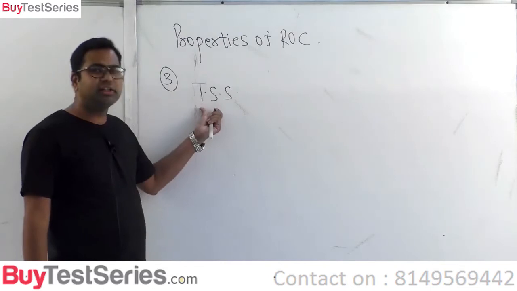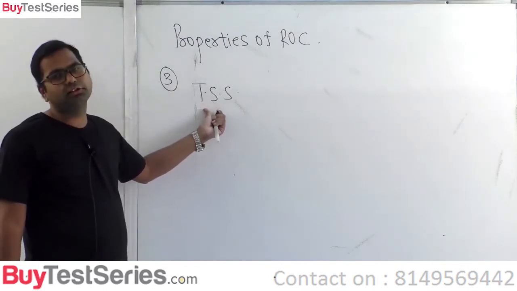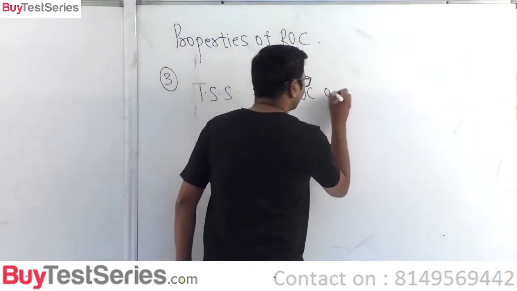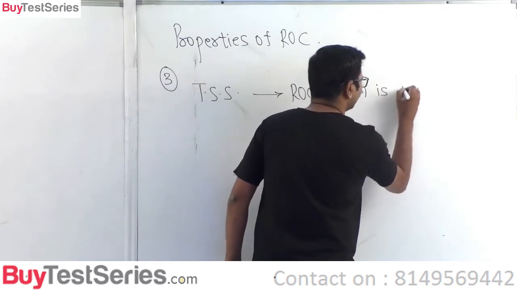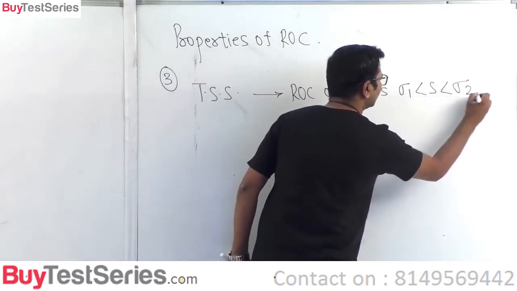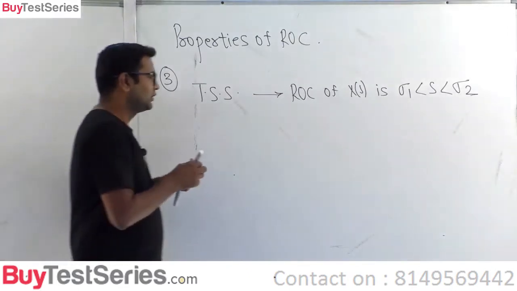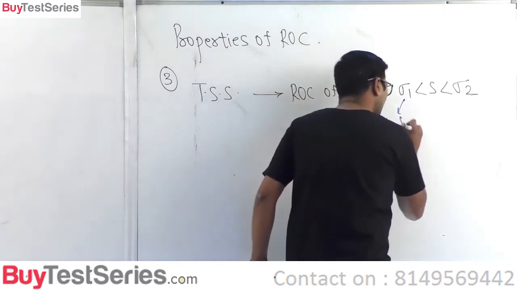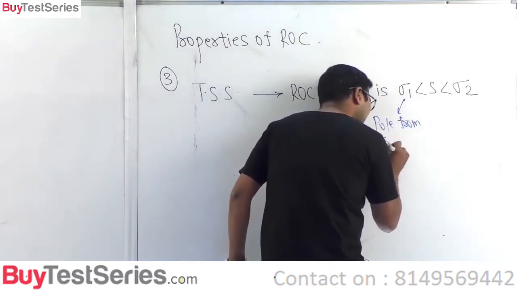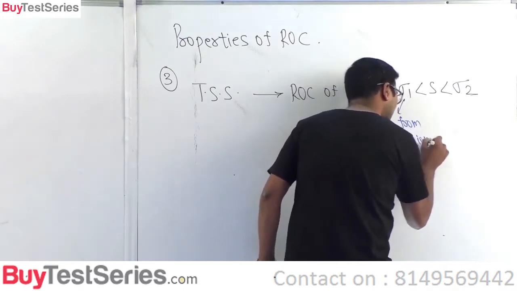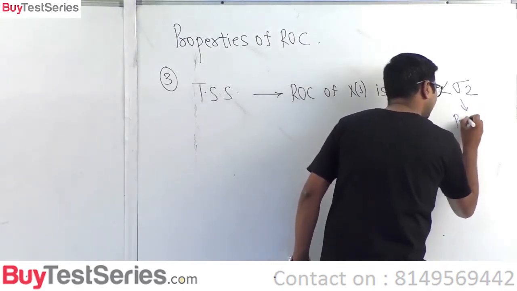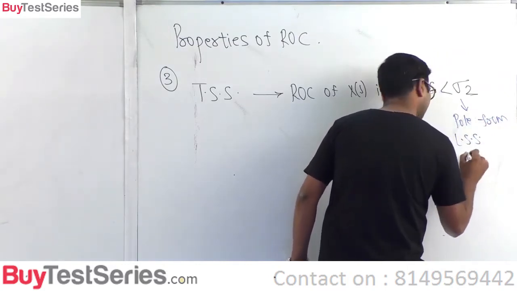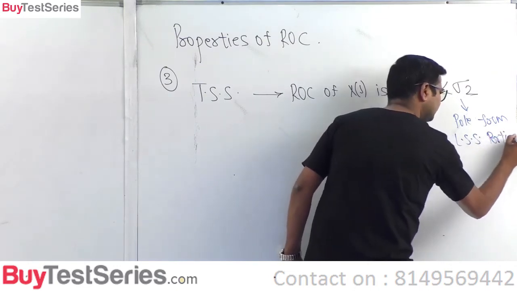If the signal is TSS, the abbreviation of two-sided signal, then ROC of x of s is sigma 1 less than s less than sigma 2, where sigma 1 is the pole from the right-sided portion of the signal and sigma 2 is the pole from the left-sided portion of the signal.